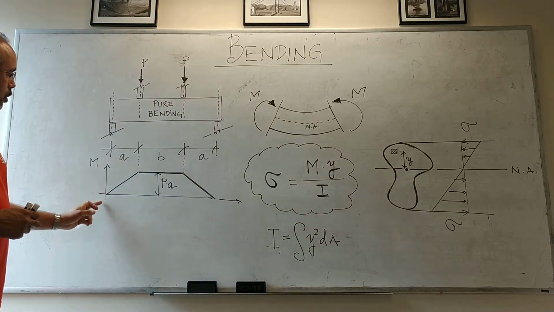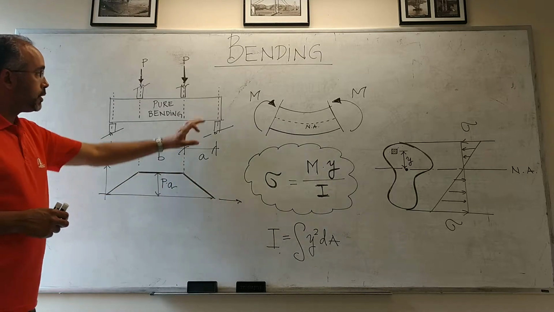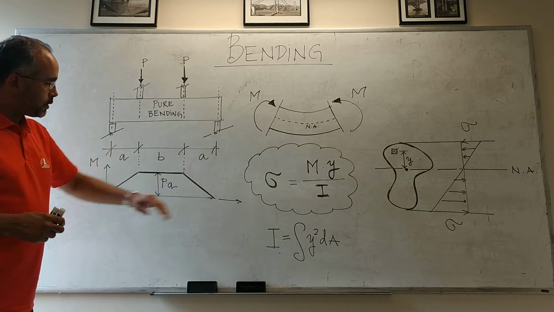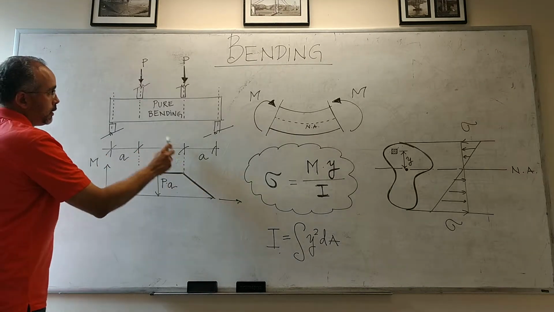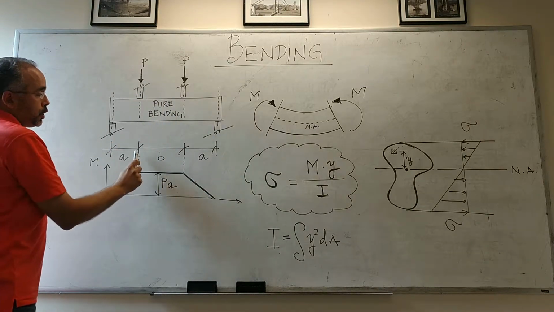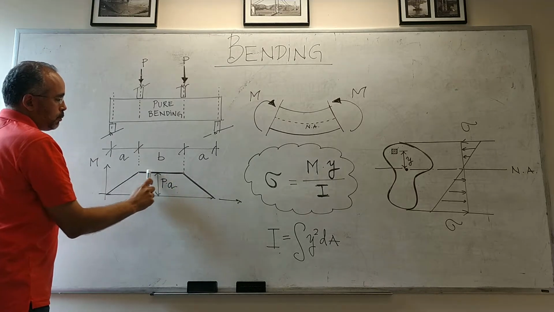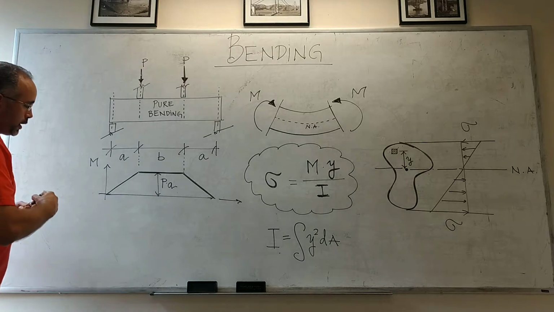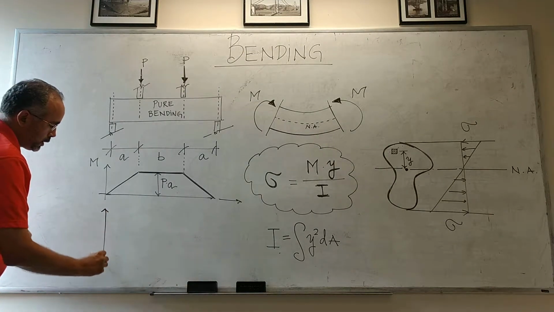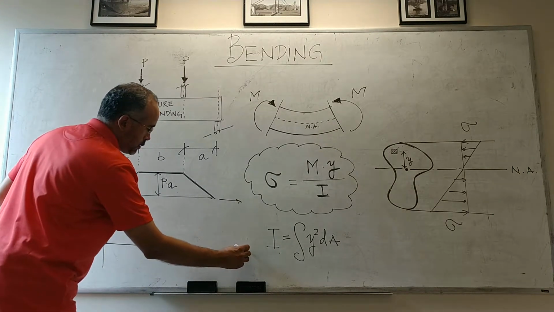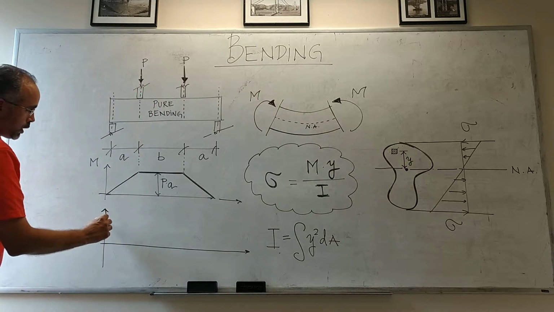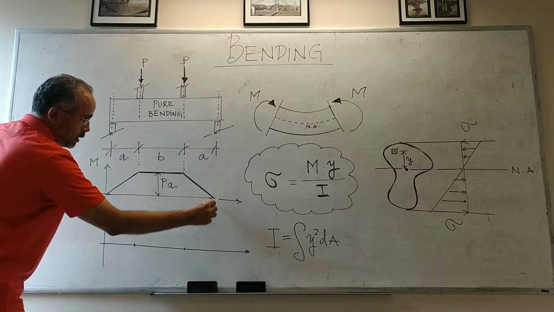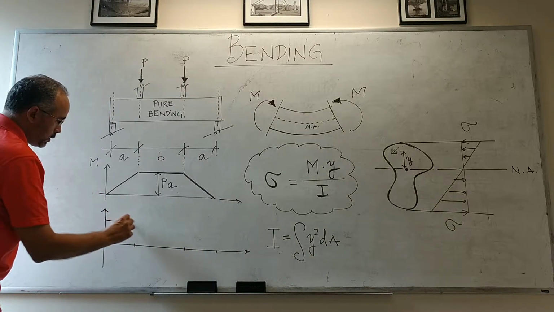And so if you draw the moment diagram of this beam, you would see that it looks something like this. And in this part here, between the two loads, you have constant, pure bending moment. And no shear, right? If you were to draw the shear diagram of this beam, you would see something like this, right?